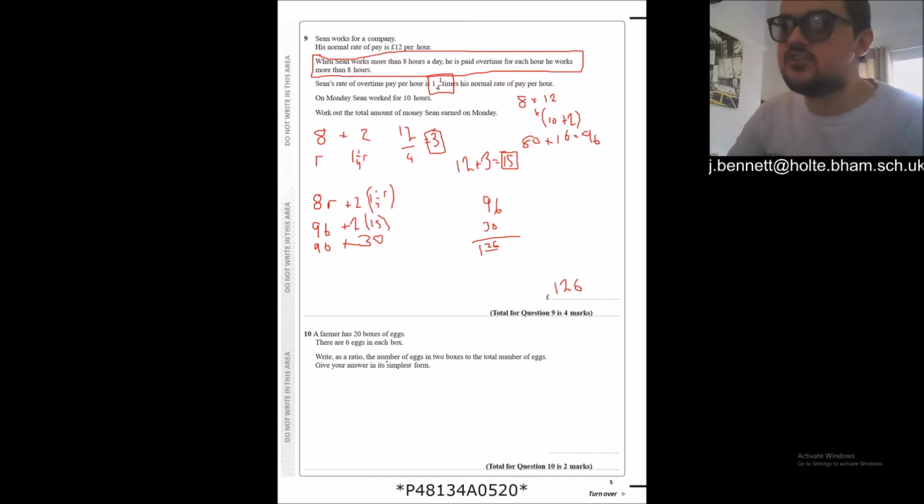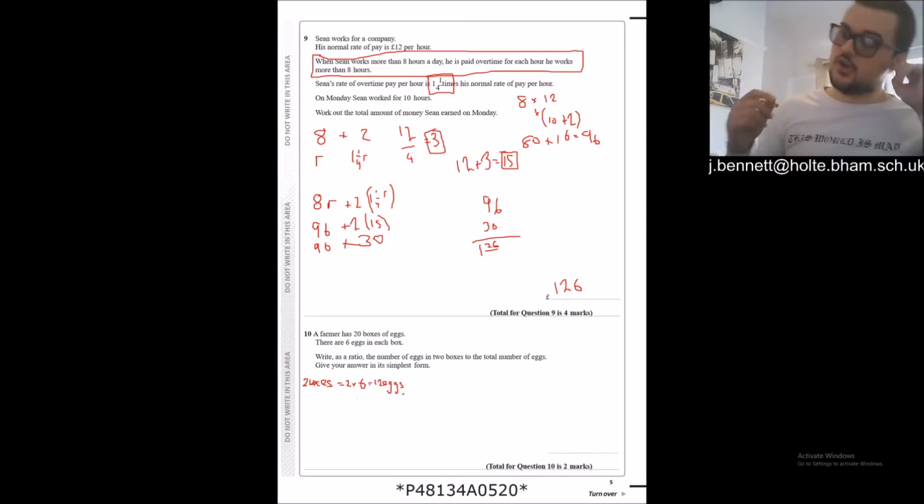Okay, so if we look for 2 boxes, there are 6 eggs in each box. 2 boxes, 6 times 2. So 2 boxes equals 2 times 6 equals 12 eggs.